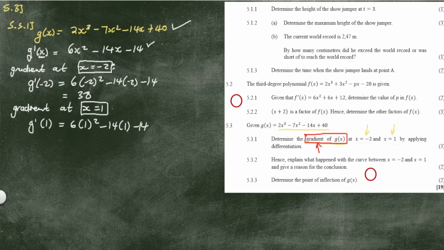So we substitute 1 here. I get the answer minus 22. Now we explain the answer in 5.3.2. Explain what happened with the curve between x equal to minus 2 and x equal to 1, and give a reason for the conclusion.